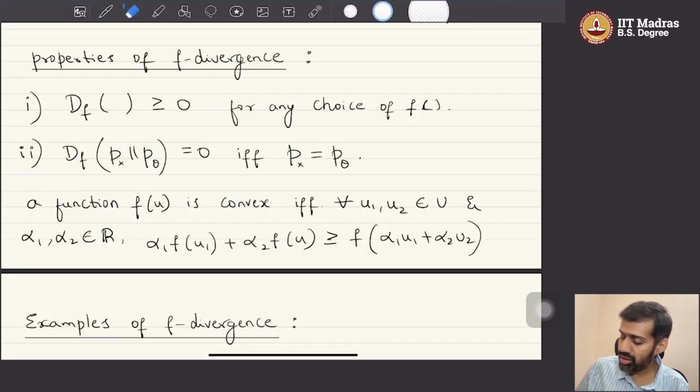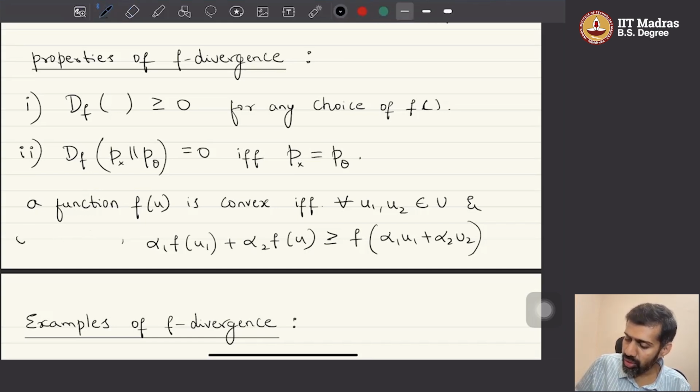Maybe I can make it a convex combination. What I wrote was a linear combination. Let us make it a convex combination. For any convex combination, both alpha 1 and alpha 2 have to lie between 0 and 1.